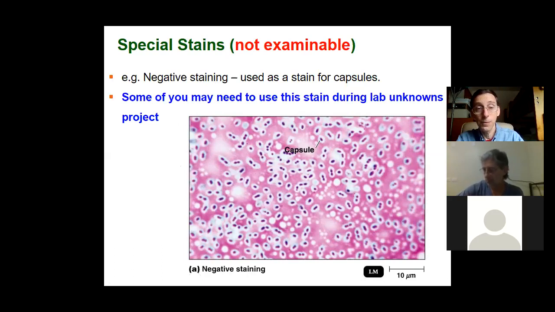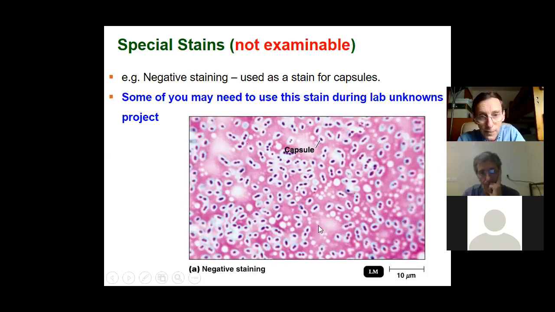The stain that you would most likely use would be a capsule stain. This is a special stain that is used to show the capsule.